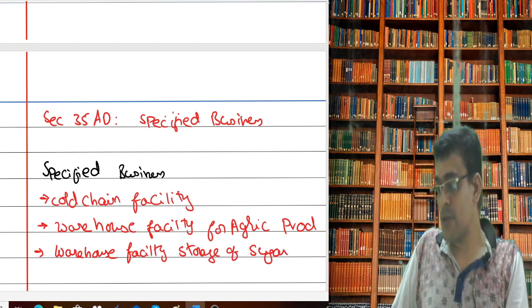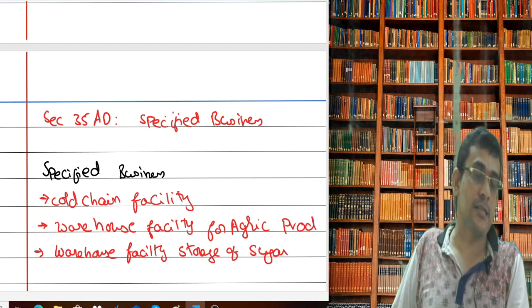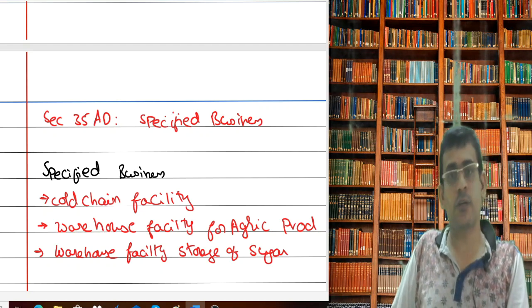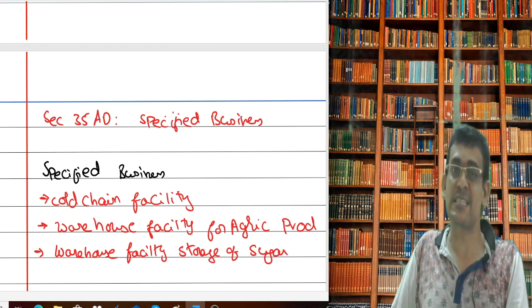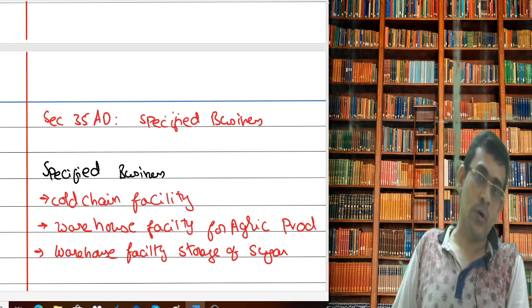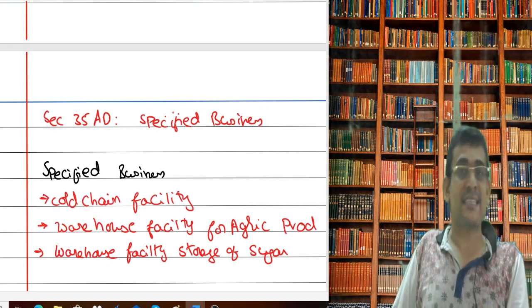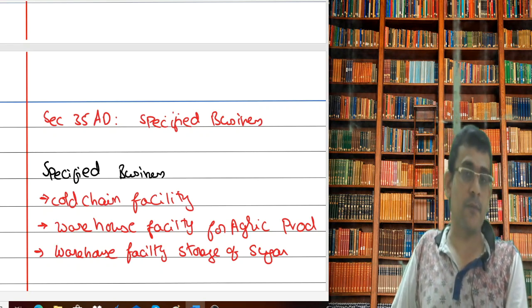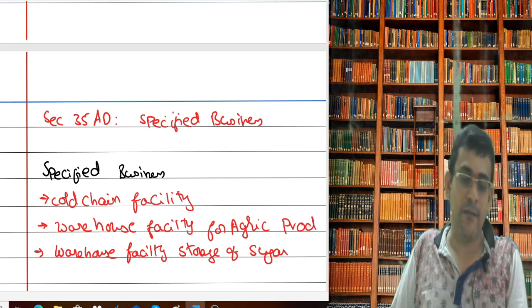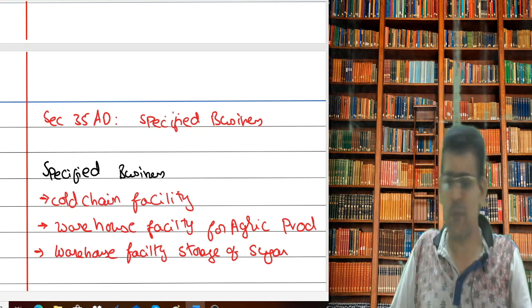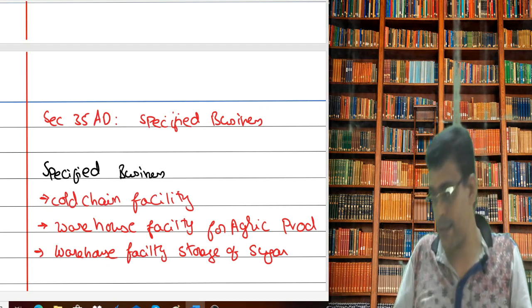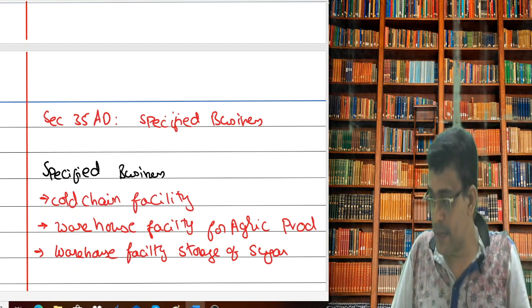Sugarcane is an agriculture product, but storage of sugar is not an agriculture product. Even though it is not an agriculture product, since 35AD specifically mentions storage of sugar, they will consider that to be a specified business only.